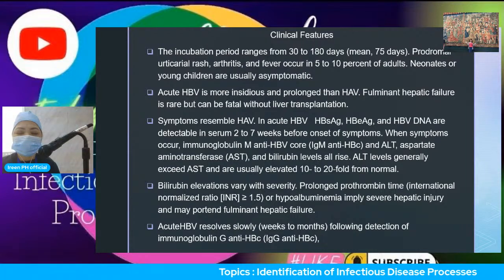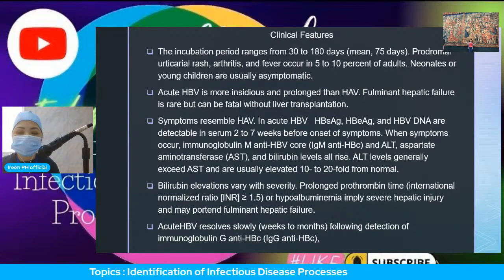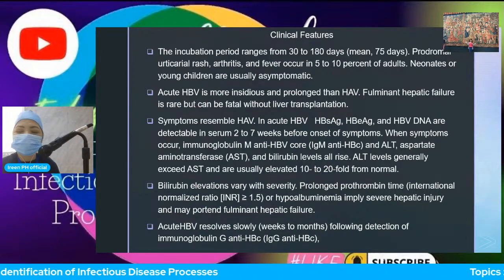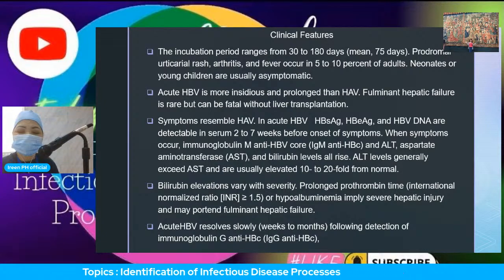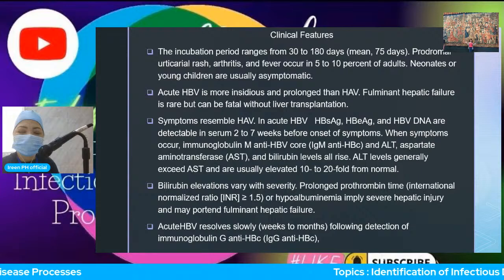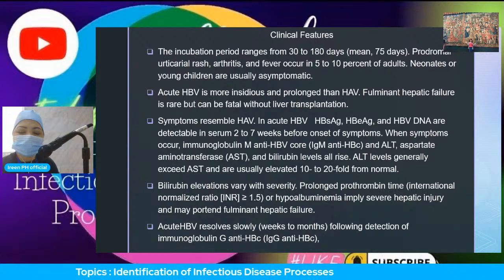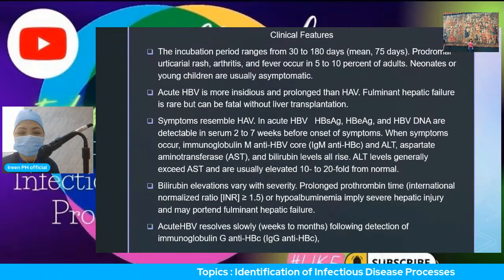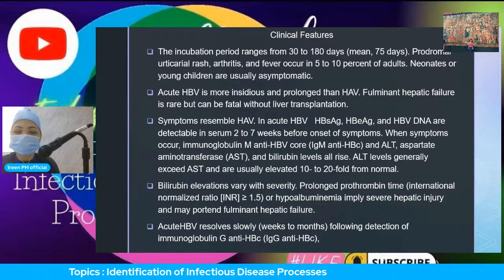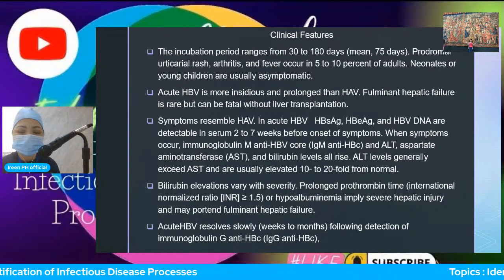In acute hep B virus, HBsAg and hep B virus DNA are detectable in serum 2 to 7 weeks before onset of symptoms. When symptoms occur, immunoglobulin M anti-HBV core, or IgM anti-HBc, and the alanine aminotransferase, aspartate aminotransferase, which is your AST, and bilirubin levels all rise.